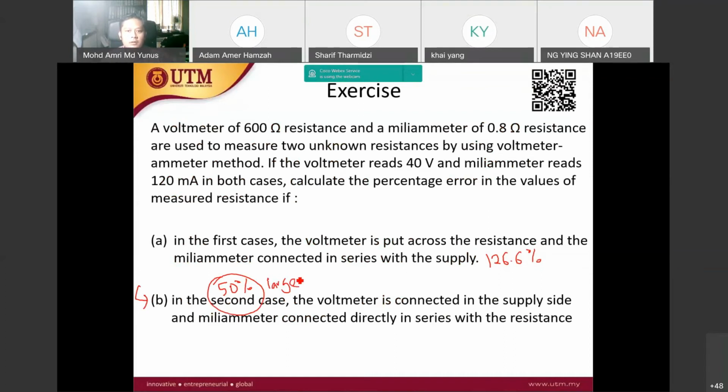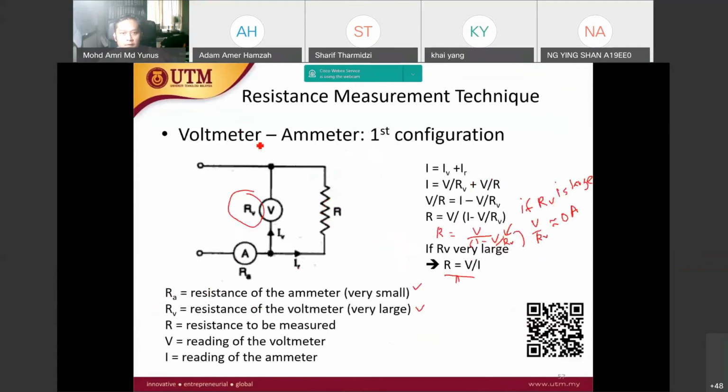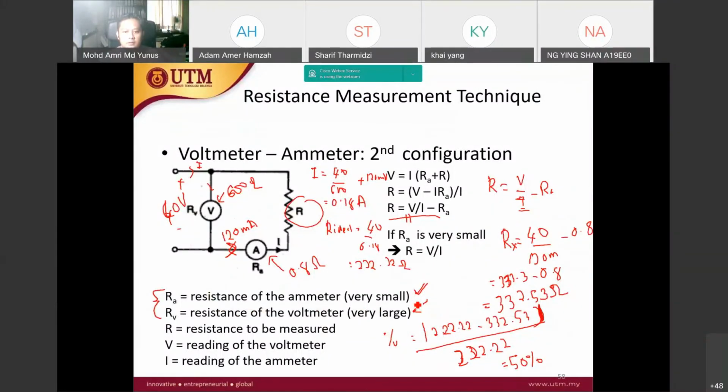Why is it a large error in this case? Because for both configurations, to get an accurate result, the ammeter resistance must be small and the voltmeter internal resistance must be large.